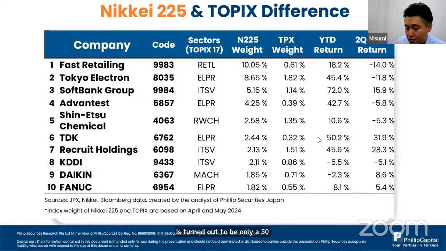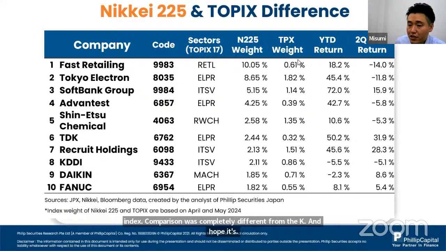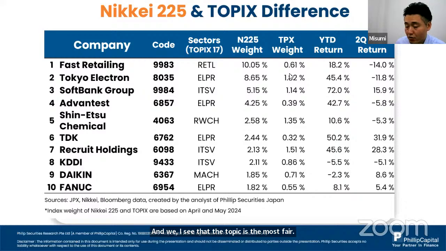We can see that its index composition was completely different from the Nikkei and TOPIX, and I see that TOPIX is the fairest index for comparing Japanese stocks.